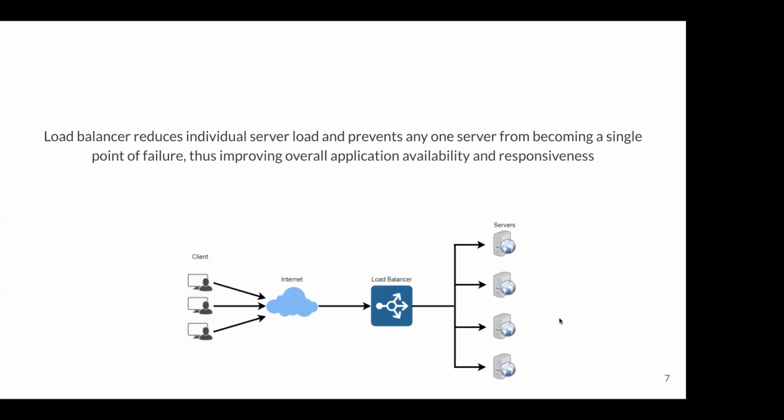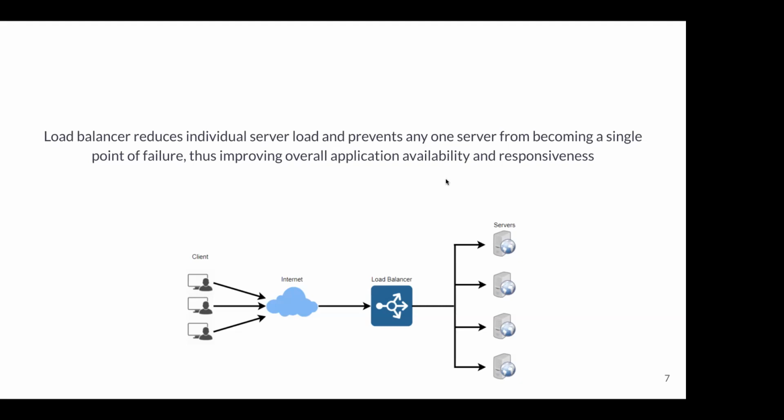Here you can see there are multiple servers in a distributed system and load balancers sit before them. They take care of routing the traffic to the different servers. Whichever server is available, the load balancer sends the request to that available server. That's how the load balancer works.